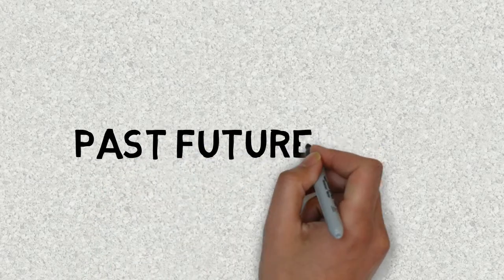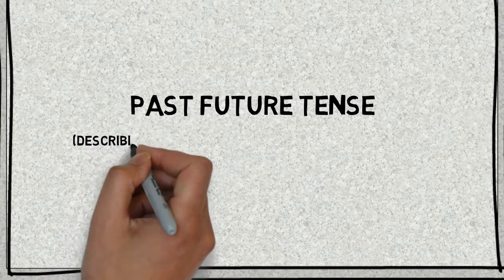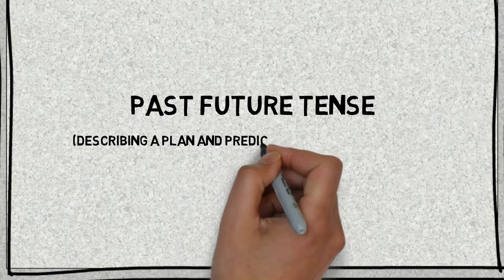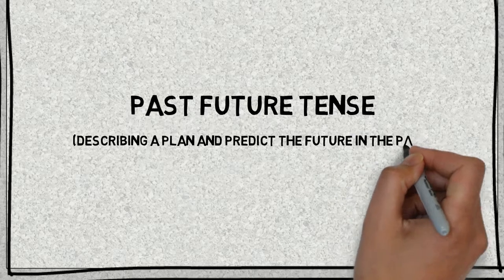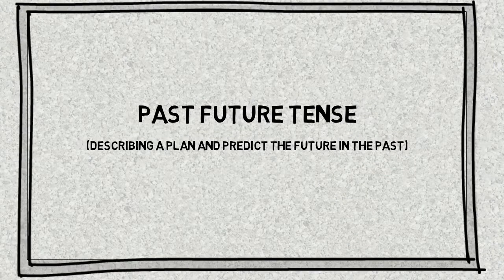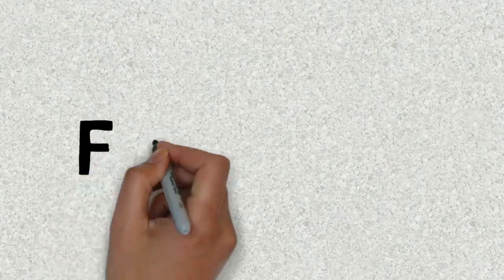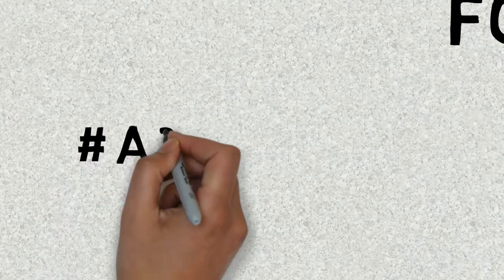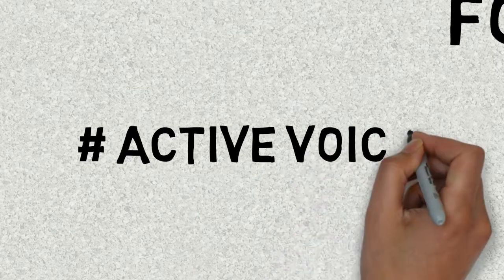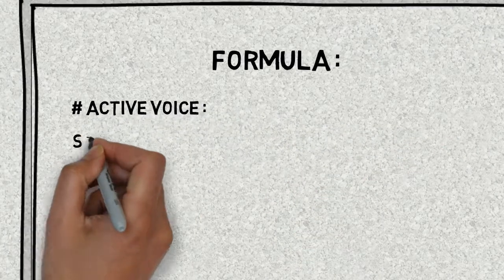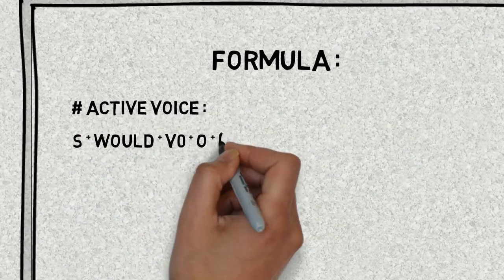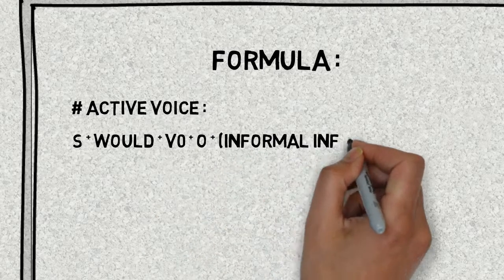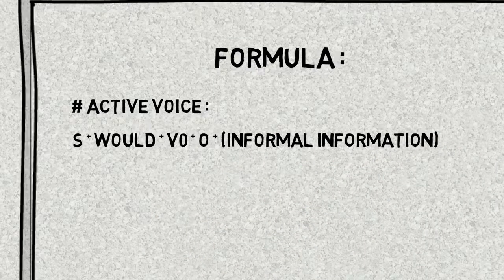Past future tense is describing a plan and predicting the future in the past. The formula for the active voice is subject plus would plus verb 0 plus object plus informal information.